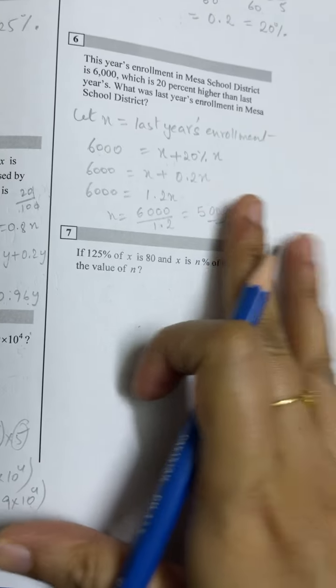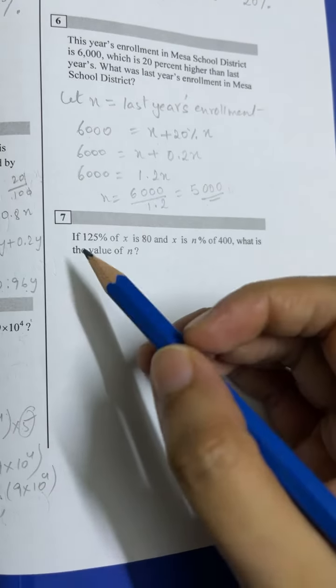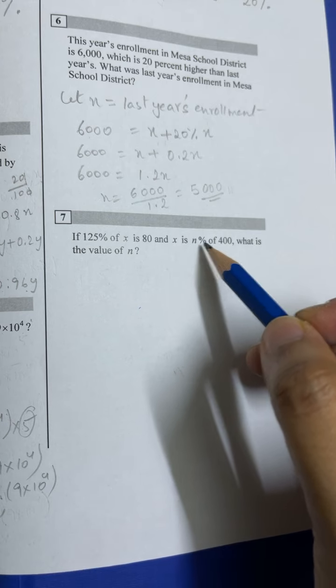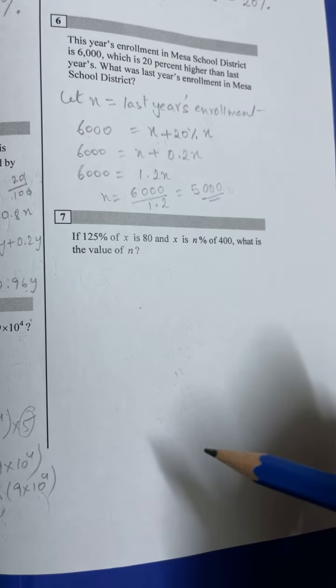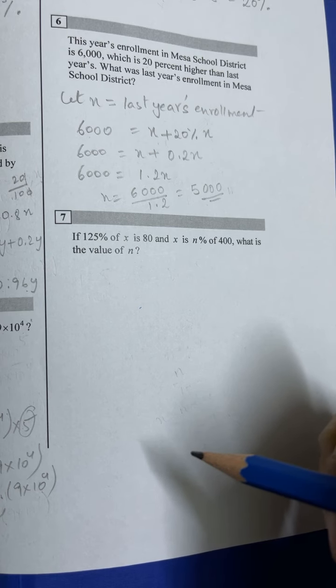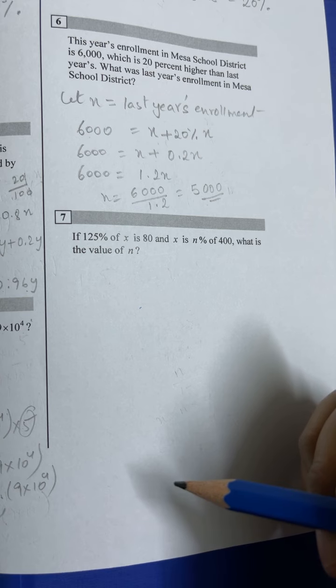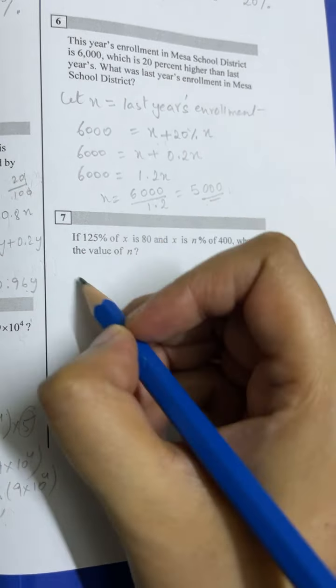Okay, let's try out question number 7. If 125% of x is 80 and x is n% of 400, what is the value of n? Come on, let's try this question out. For question number 7, it says 125%.